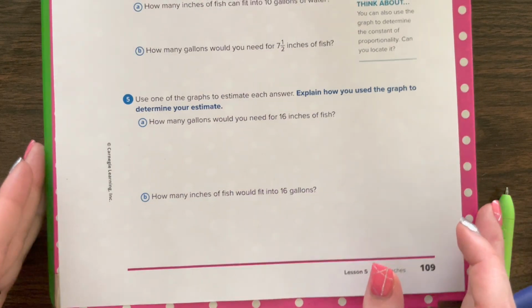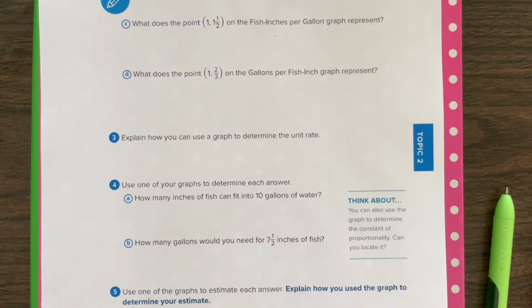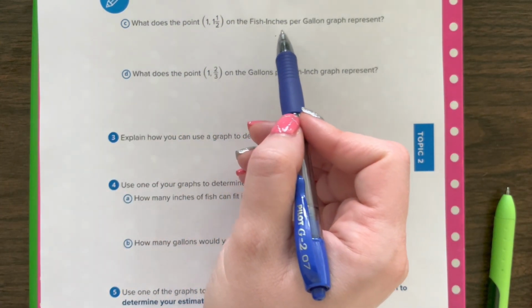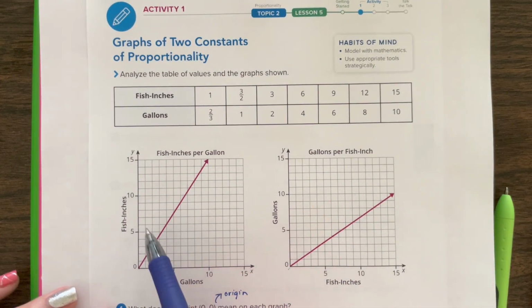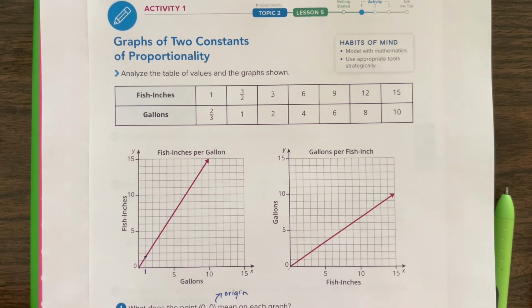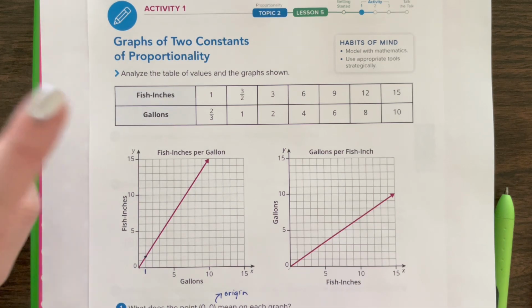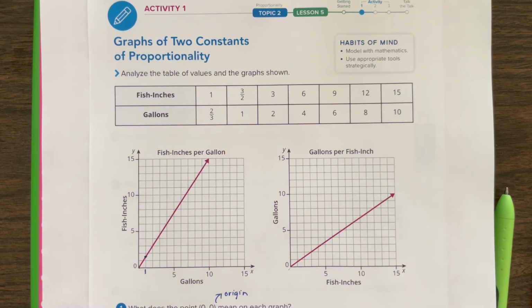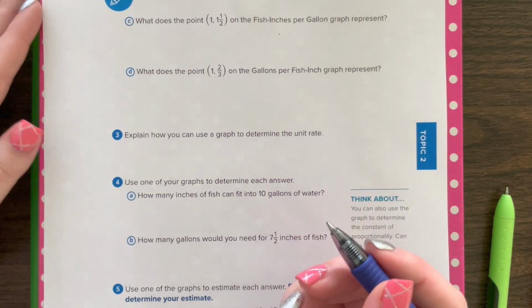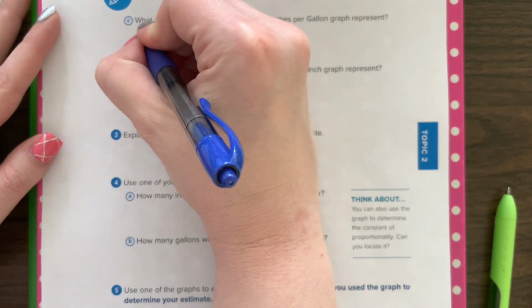Okay, let's keep going. So what does the point 1, 1.5 on the fish inches per gallon graph represent? So we are looking back over here at this first graph. So I can see that 1 would be right here on my graph. Here is 1.5. Remember, whenever we talk about how much for one of something, we're talking about the unit rate. So this represents the unit rate.